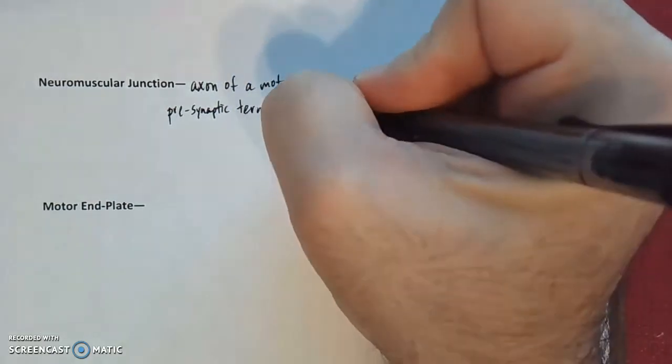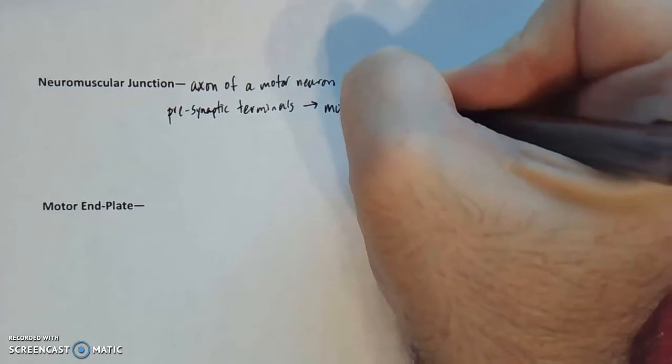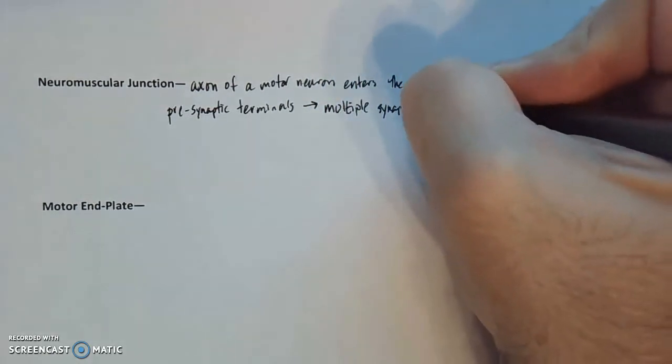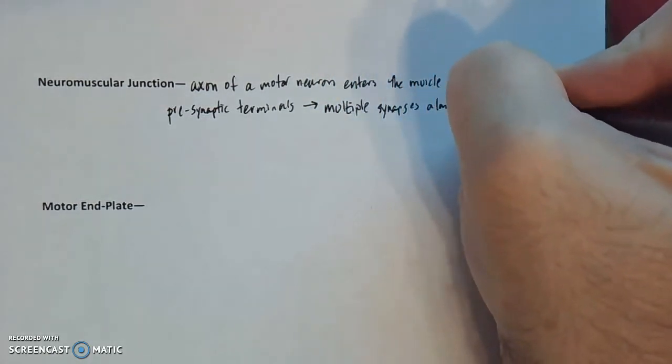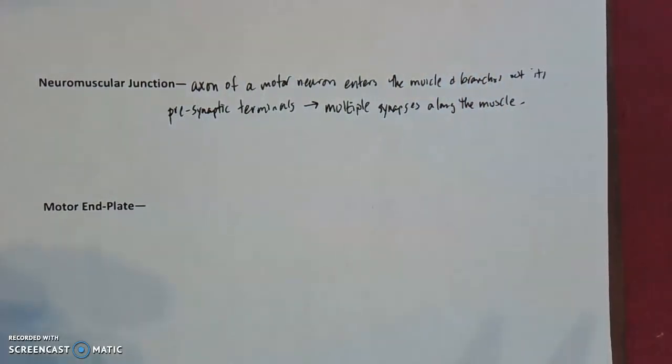So we have multiple synapses along the muscle. At each one of these synapses, this excitation contraction coupling takes place.